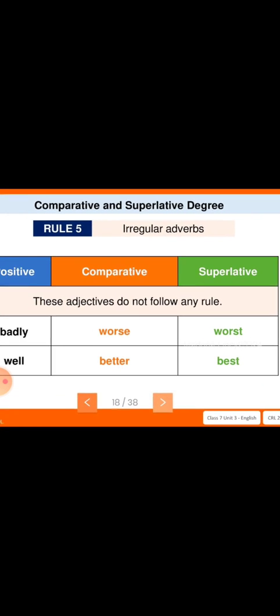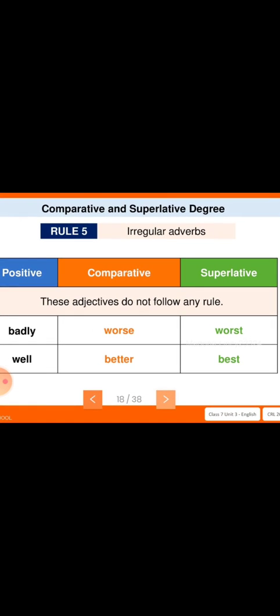For example, the positive form badly, you cannot write more badly or most badly, you cannot change it like that, right? These irregular words change into comparative and superlative in other words, like badly, worse, worst, well, better, best. For these irregular adverbs alone, you need to learn them by heart.